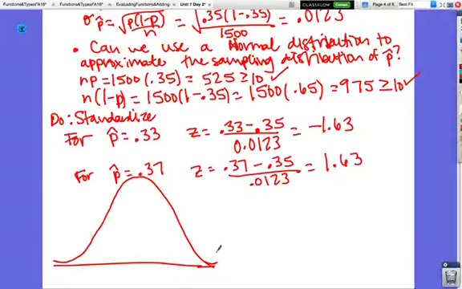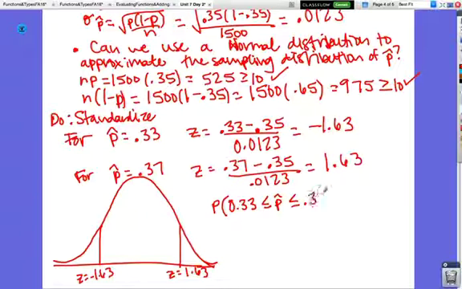All right. So we are going to find the area that is between here and here. So when z is equal to negative 1.63 and when z is equal to 1.63. And once we do that, that's going to give us the probability that p hat is greater than or equal to 0.33 but less than or equal to 0.37.